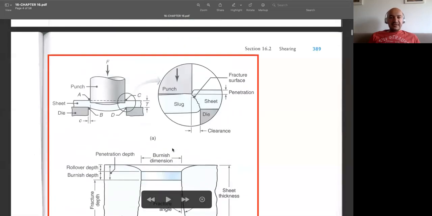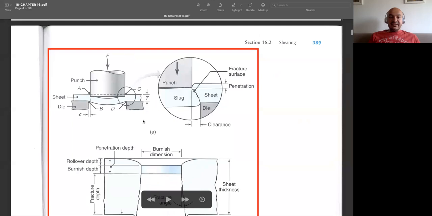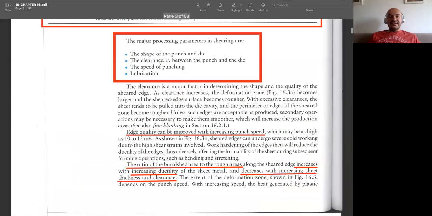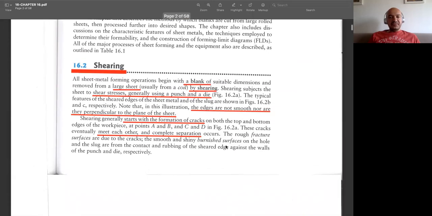Another important thing is the clearance between the diameter of our punch and the diameter of the die opening. This is called C, and this clearance is highly important. We will discuss it. You should find the appropriate amount of clearance for your specified material and operation. And this is a simple shearing operation.